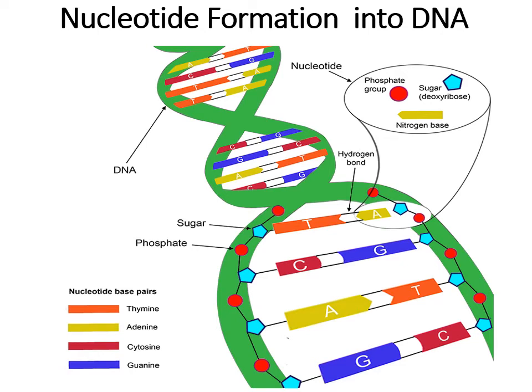Here is the lovely structure of DNA. This image is going to help you see that the phosphate groups are attached to a sugar group, which is then attached to a base. The base can be thymine, cytosine, adenine, or guanine. And it becomes a double helix because thymine attaches with adenine and cytosine attaches to guanine.